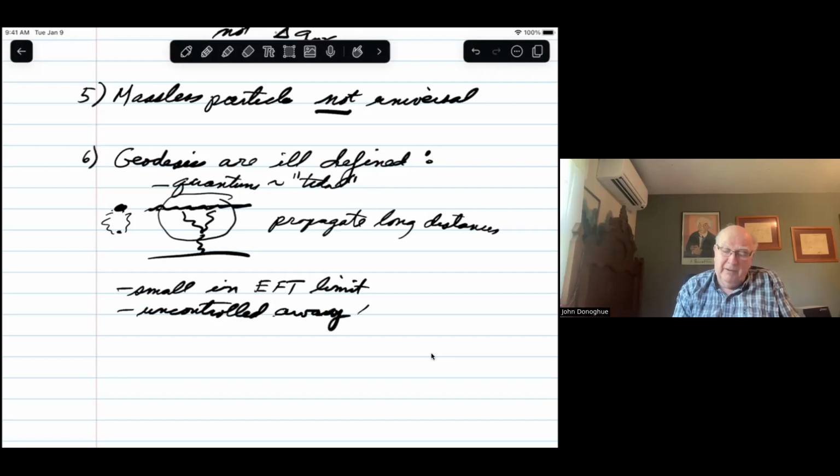Away from the limit they become uncontrolled. And so it tells you that some of the classical thought processes, like Penrose diagrams and the like, are not applicable for quantum effects in the deep quantum regime.